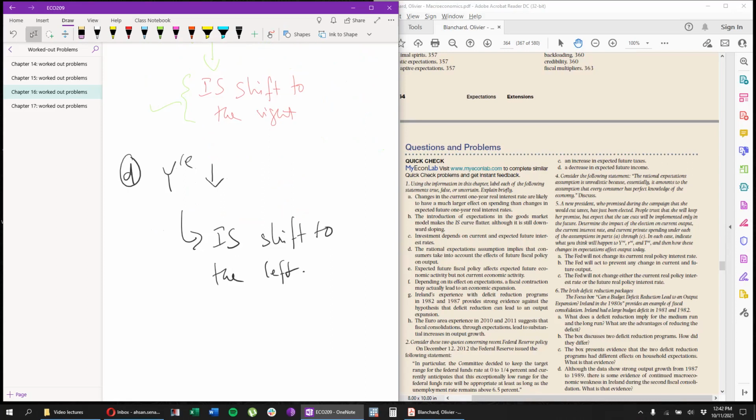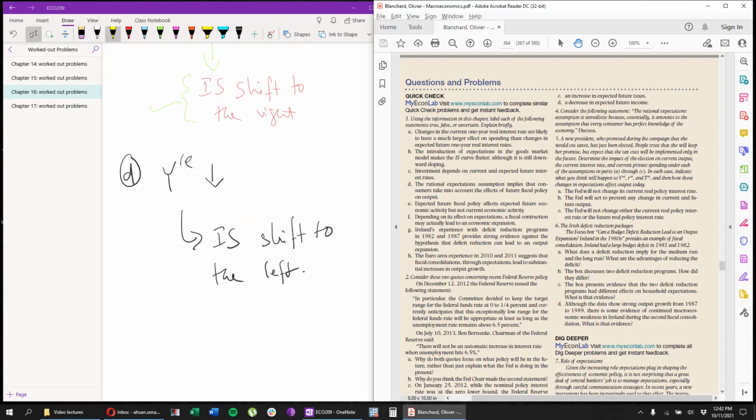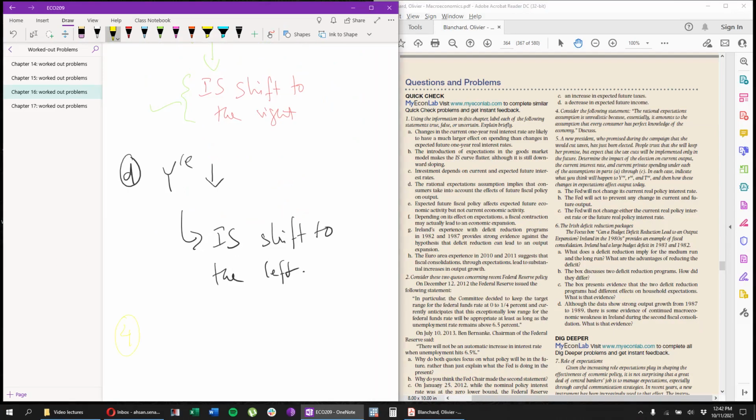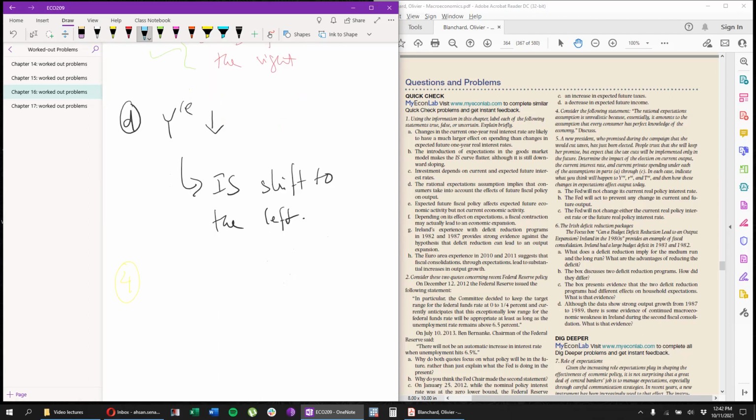What should we do next? Let's do question number 4. Number 4 is actually very important. Before that, we need to talk a bit about what is rational expectation.